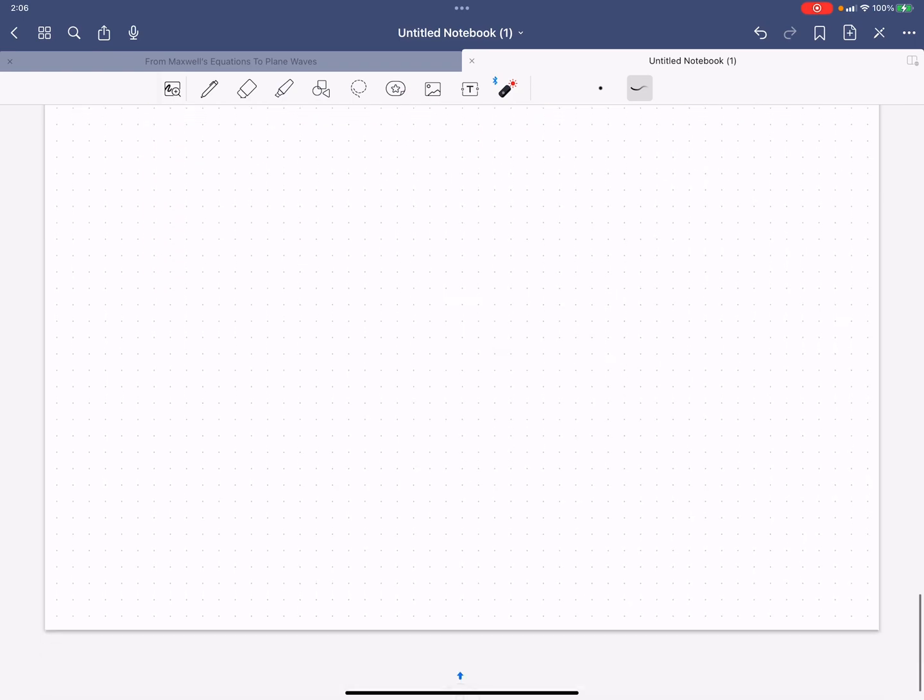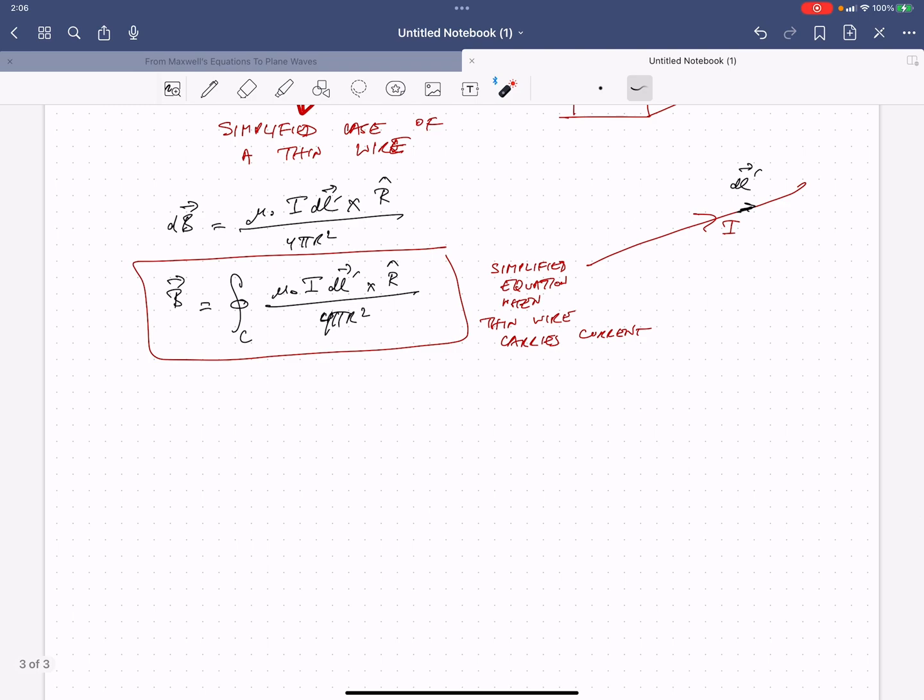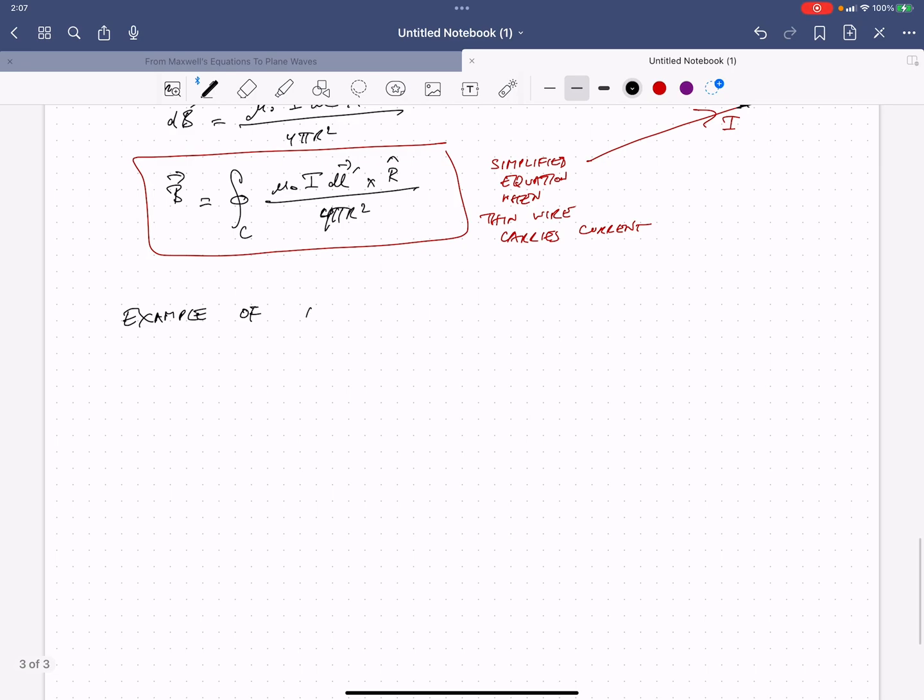So now let's do a couple of examples, using this for calculation in a few cases. I'm going to do the first one. You've got to be really careful with magnetic fields.